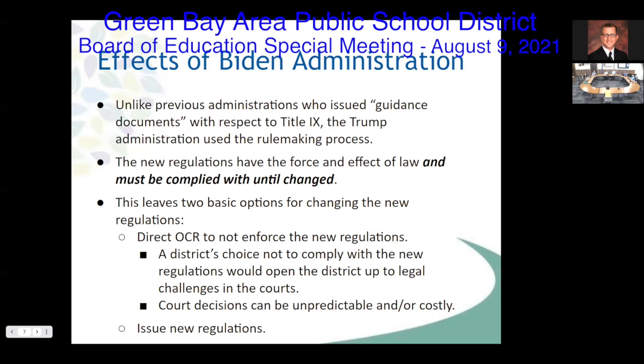The first is, even though the Department of Education has repeatedly said that the new regulations do not apply to conduct that occurred before implementation of the rule, a 2020 decision out of New York found differently and required the school district to follow prescriptive procedures under the new regulations for conduct that occurred before the effective date. This is a clear warning that courts could easily agree that districts must follow the new regulations, even if OCR says no.